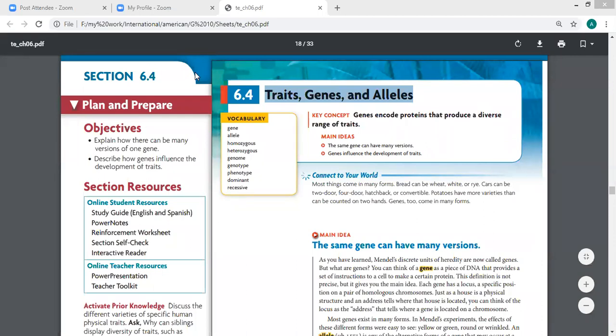Today, I will explain the fourth section, 6.4, because I found that we still have time for the exam. I just need 2 sessions for the revision.